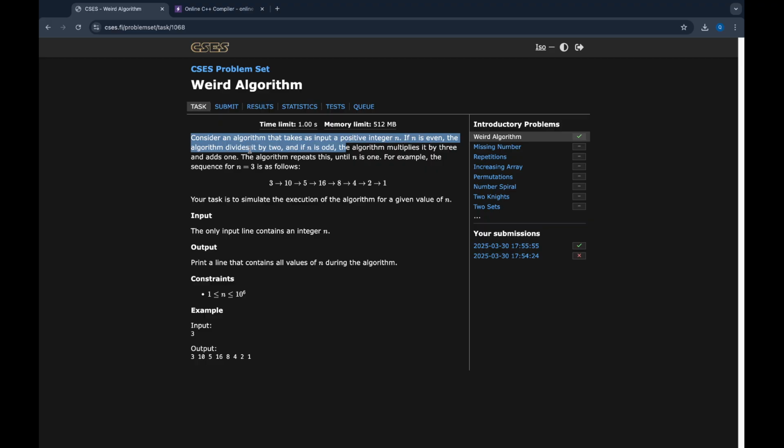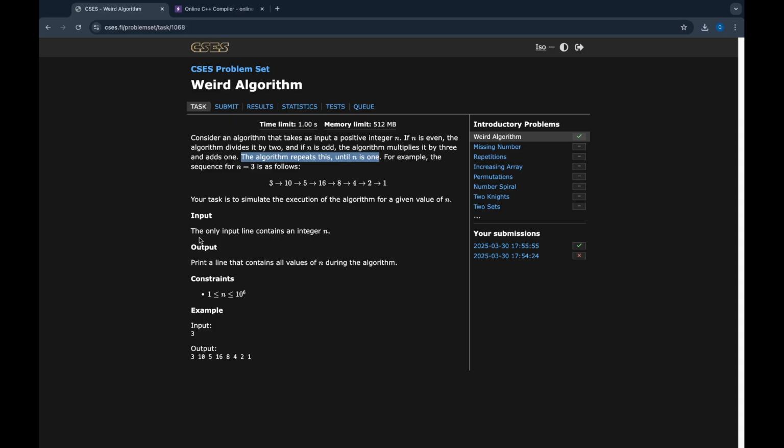If n is even, the algorithm divides it by 2, and if n is odd, the algorithm multiplies it by 3 and adds 1. The algorithm repeats this action until n is 1. So the core of the problem is about how you implement the requirements of this problem.